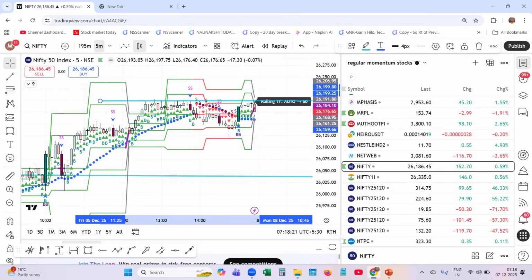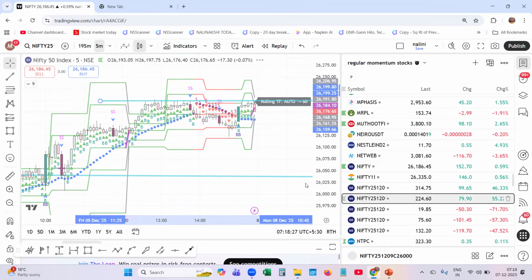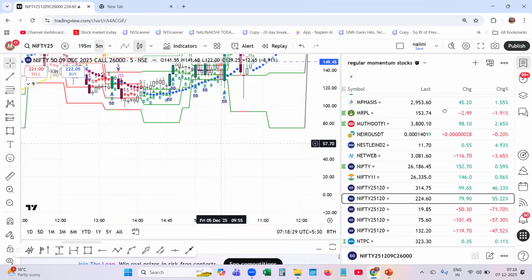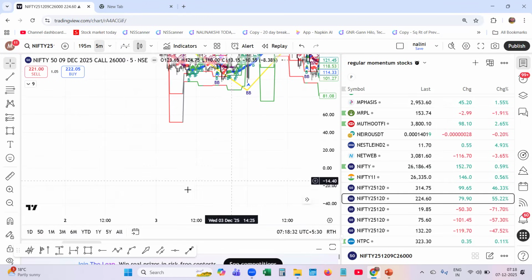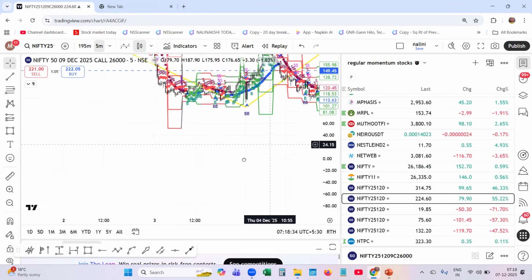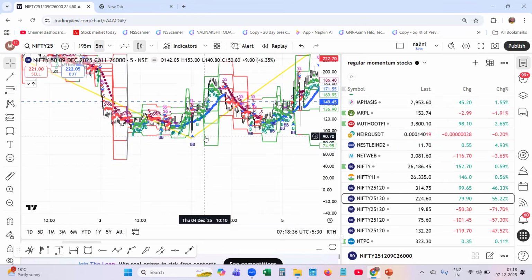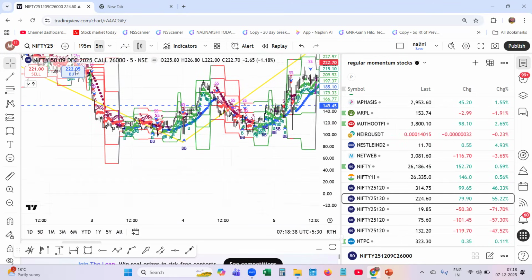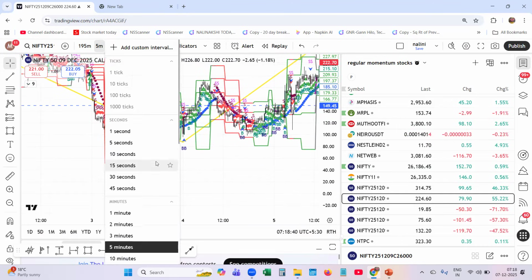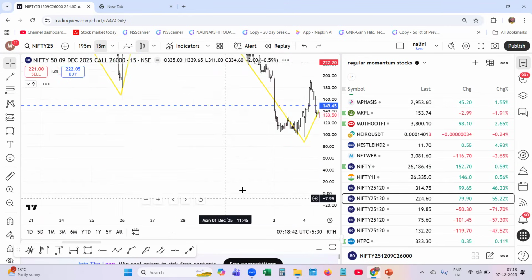If I take the 26,000 call option, let me go back to the third, the price was around 81 rupees, friends. 81 to 78. Let me make it a little bit bigger so that you can see the 15 minutes.